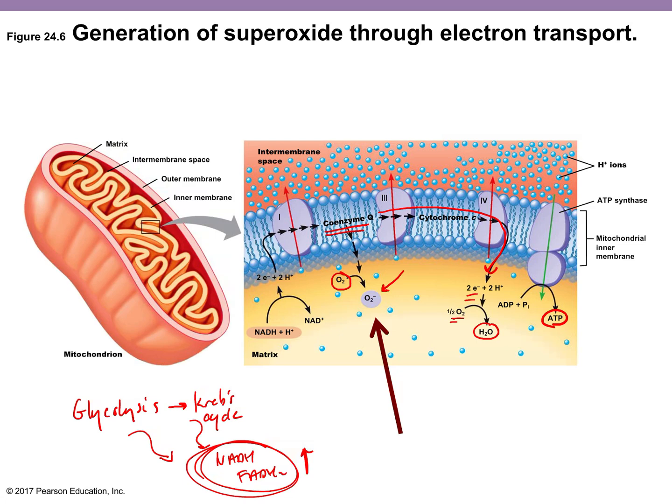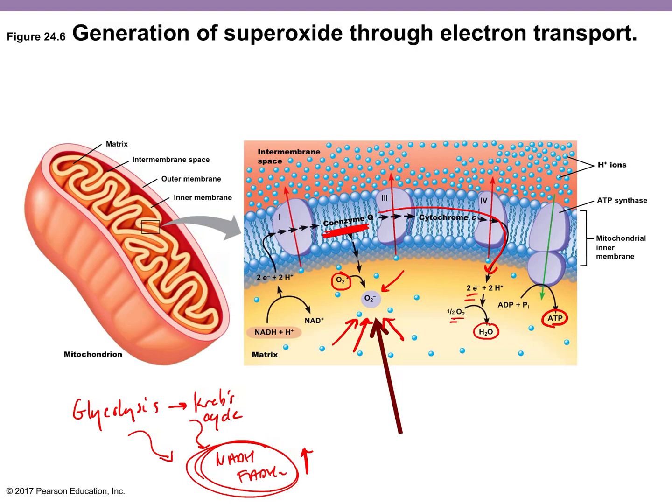Now, this happens normally, okay, that this binding of O2 to your electrons is a normal function, and your mitochondria are prepared because they have an enzyme called superoxide dismutase that can break down the superoxide, right? So there is an enzyme that can take care of that, but when you have a lot, there's only so many enzymes to go around, and if you have hyperglycemia, a lot of blood sugar, you're creating a lot of these superoxide species.